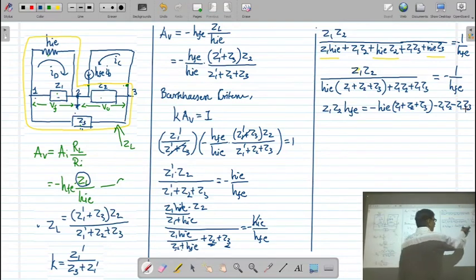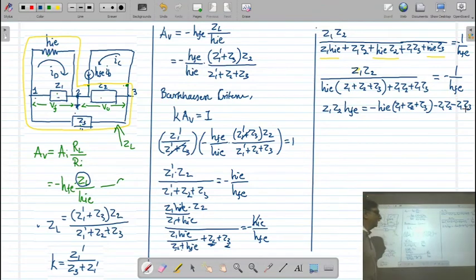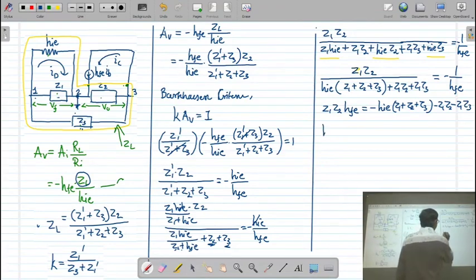And we take this term on this side, then you will get a hie into Z1 plus Z2 plus Z3.